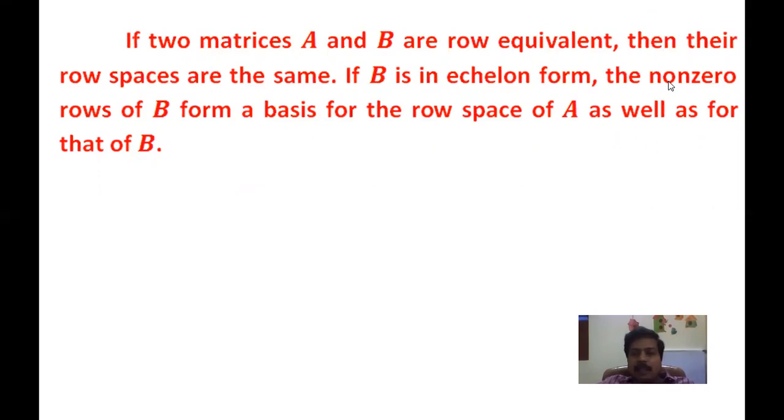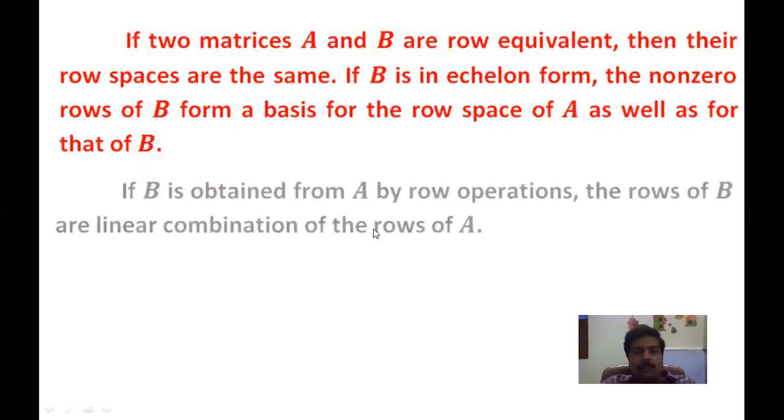If B is in echelon form, the non-zero rows of B form a basis for the row space of A as well as for that of B. So the non-zero rows of B can span the row space of A as well as B. That is what we are going to prove now.